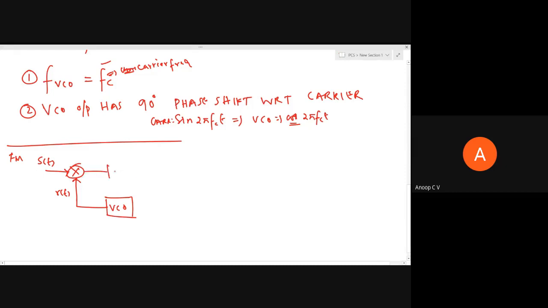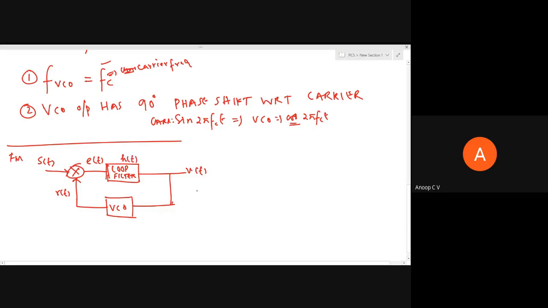So we have a loop filter. As of now we don't know what this loop filter is, but we will find out what it should be. We have a loop filter and this V of t, which is fed back through a VCO to this multiplier, and here the signal is E of t. Suppose the impulse response of this loop filter is H of t.